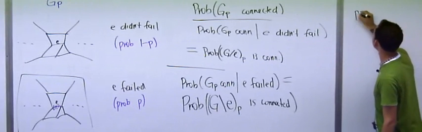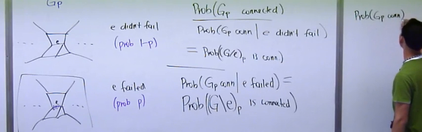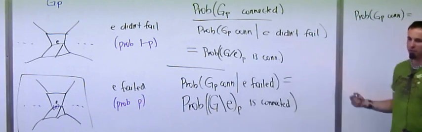I say the probability that G sub P is connected is equal to, I condition on whether E failed or didn't fail.